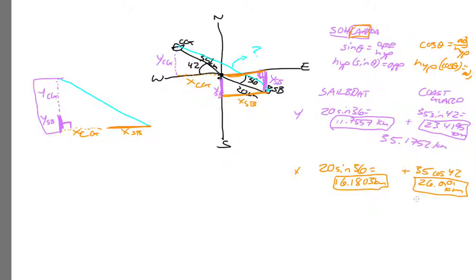I'm leaving lots of extra sig figs here again. So I'm going to add these two together, and it'll give me the whole length of this triangle on that side. That's going to be 42.1904 kilometers.